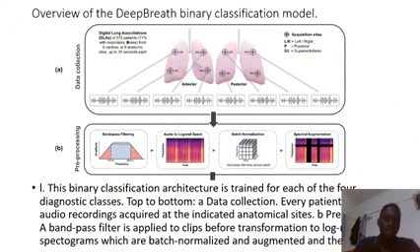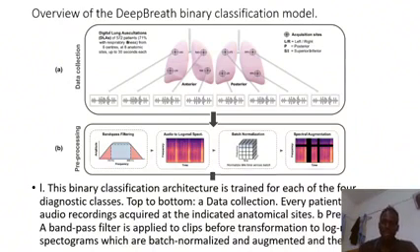In B, these sound signals are pre-processed using a Butterworth filter applied on the clips before transformation into log-mel spectrograms. The log-mel spectrograms are then batch normalized and then augmented.